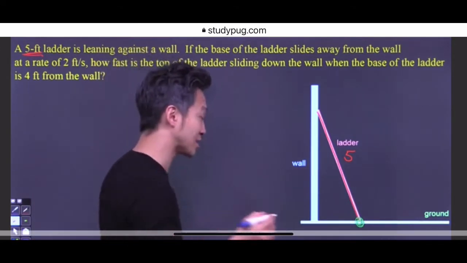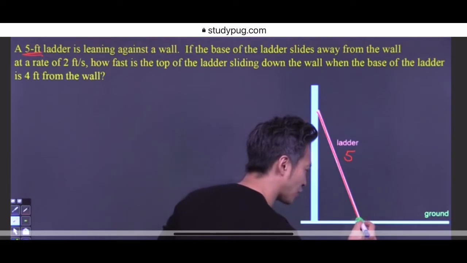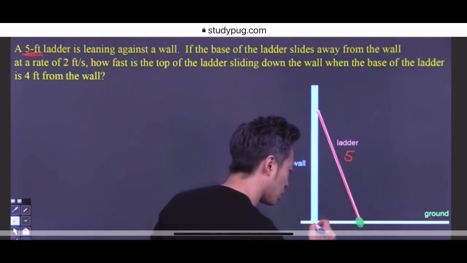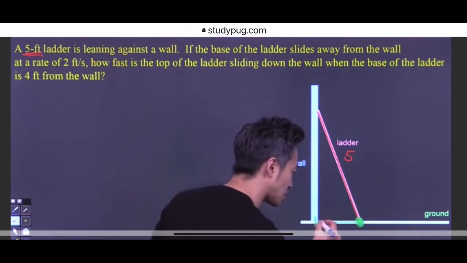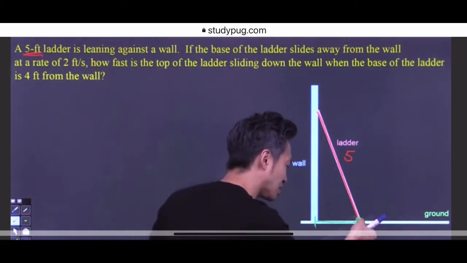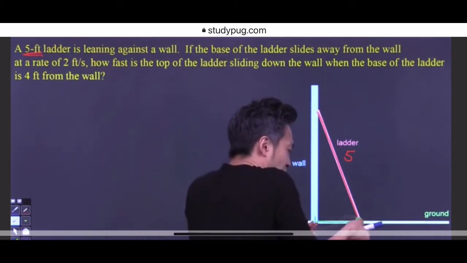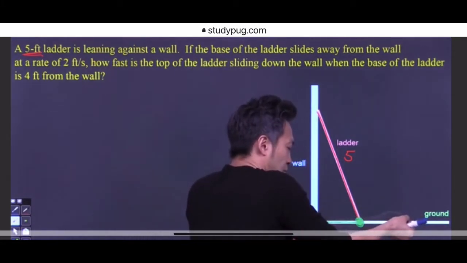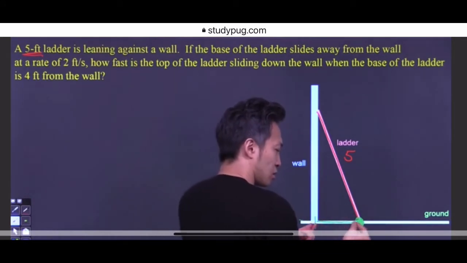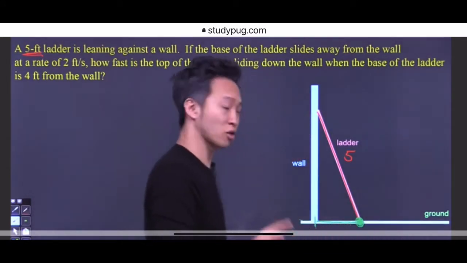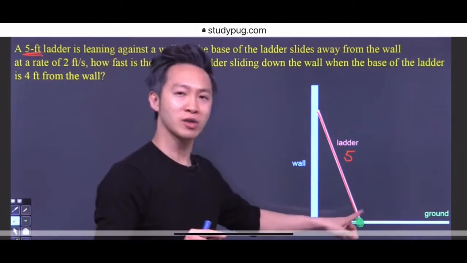Would you say that would be the distance from the base of the ladder to the wall, right? The distance here will change as the base of the ladder slides away from the wall. So in fact, as the base of the ladder slides away from the wall, the length of the segment here will increase, right? So that's why at this point, let me add one more variable to our diagram here.